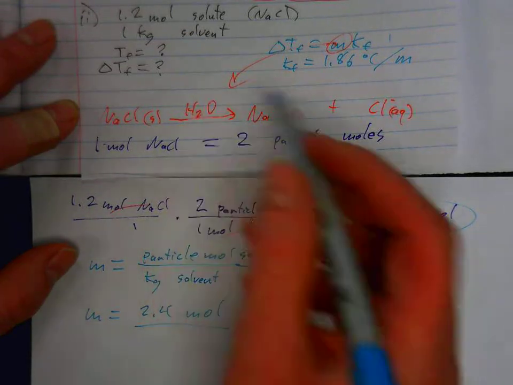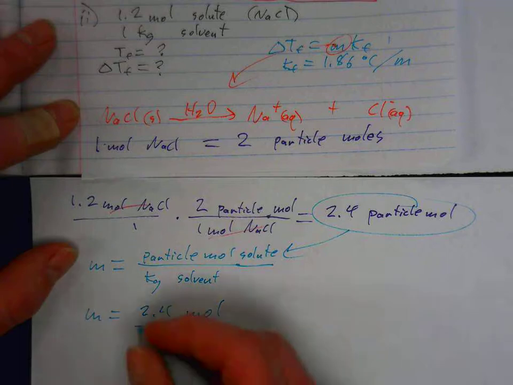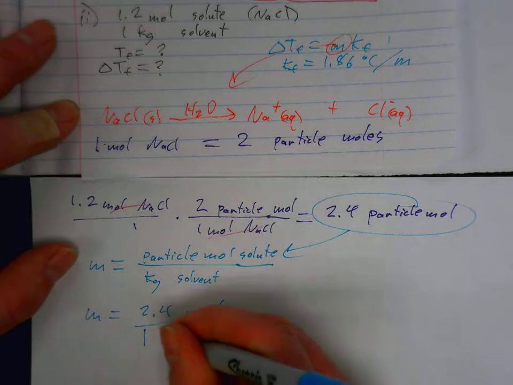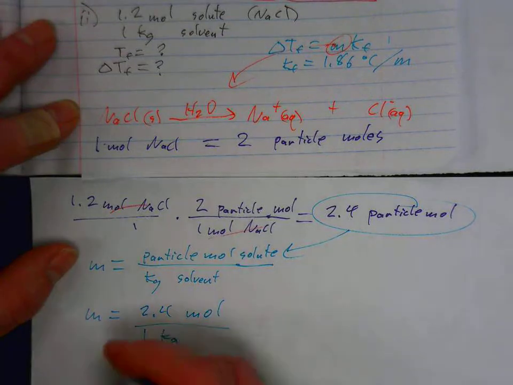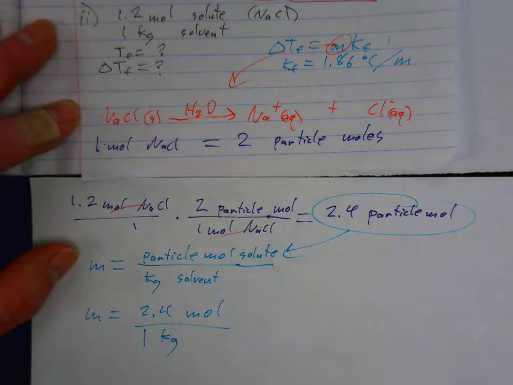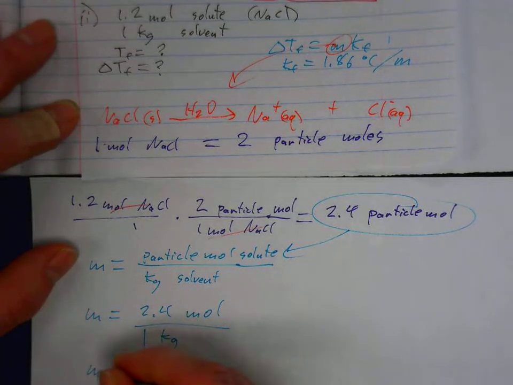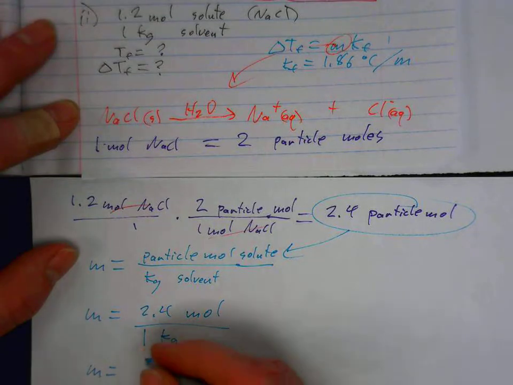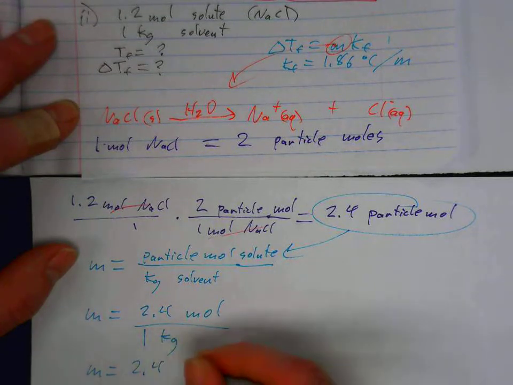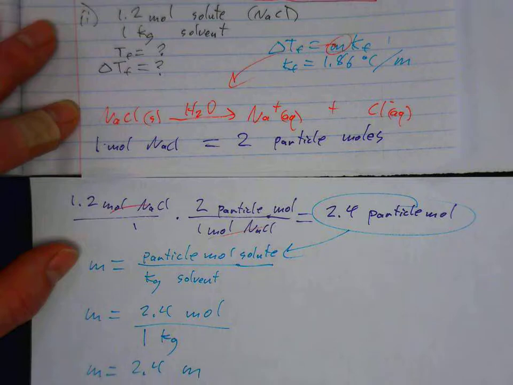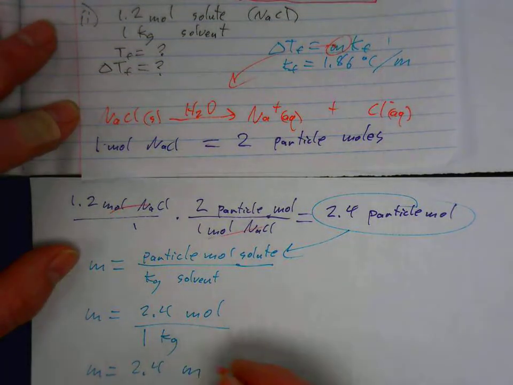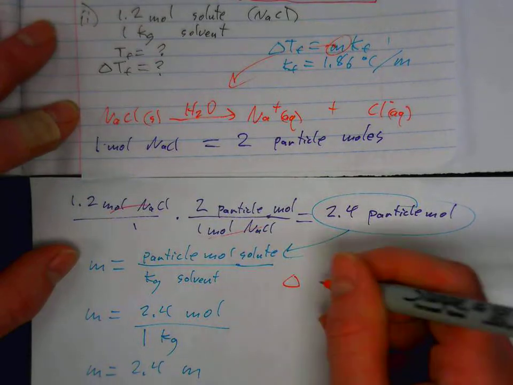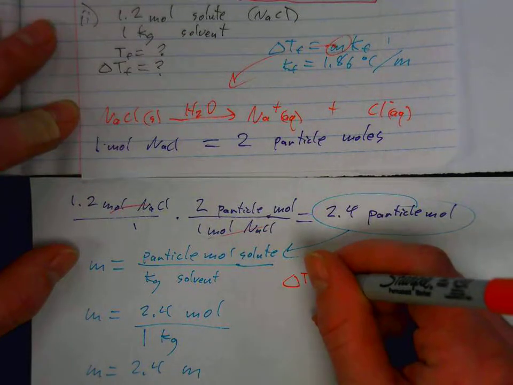So the molality then is 2.4 molal, and we can take that and plug it into the expression for the change in temperature of the freezing point, which is the molality times the freezing point constant.